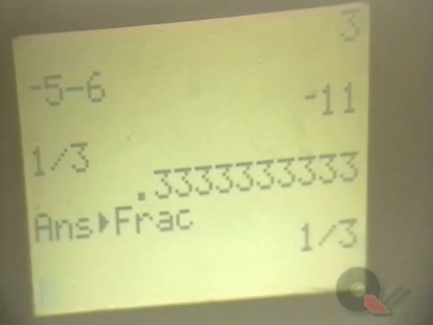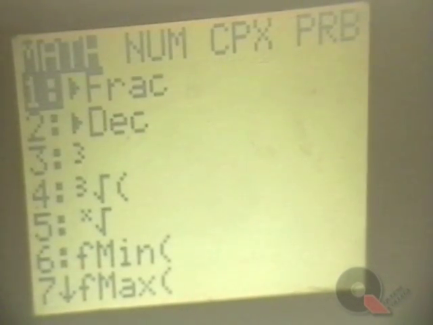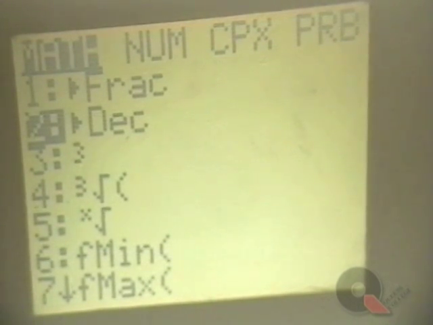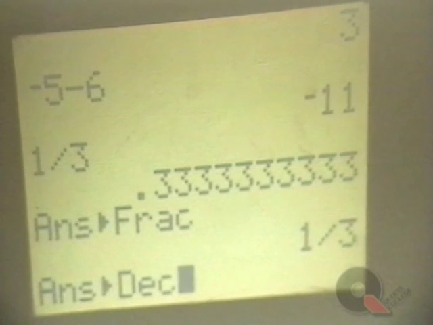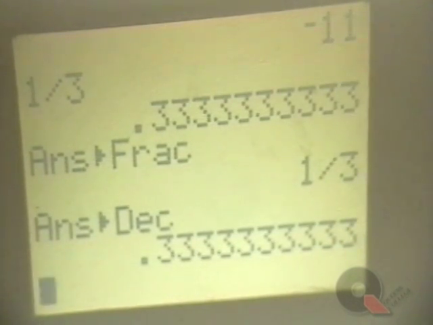On the other hand, if I hit the math key, and I scroll down to 2, or just hit the number 2, and hit enter, I say, the answer I just had, that 1/3, I'd like it as a decimal instead. If I hit enter again, it goes back to decimal.